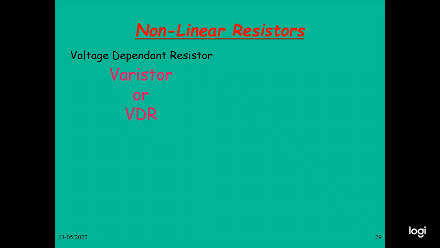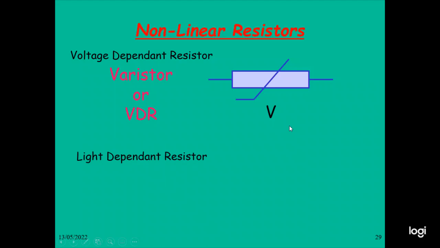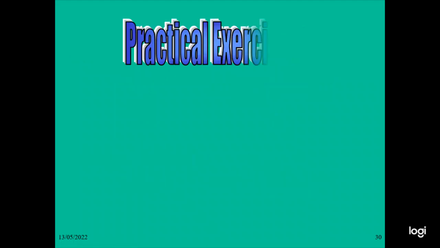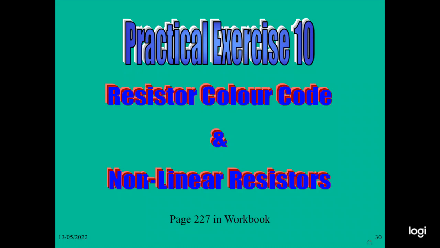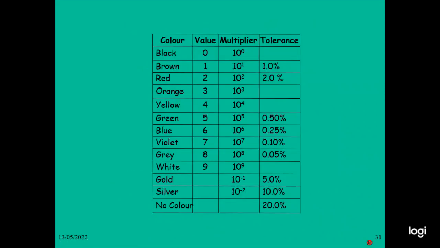Now the non-linear resistors: voltage dependent resistor, light dependent resistor. Now this is a practical exercise for you to see the color code and non-linear resistor. From this table you read the value, multiplier and tolerance.